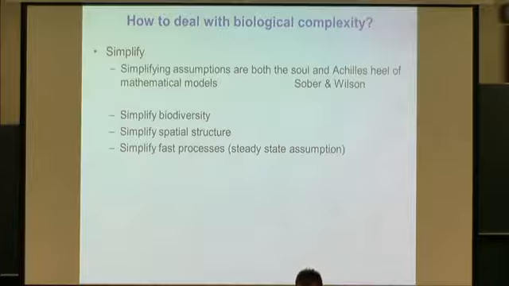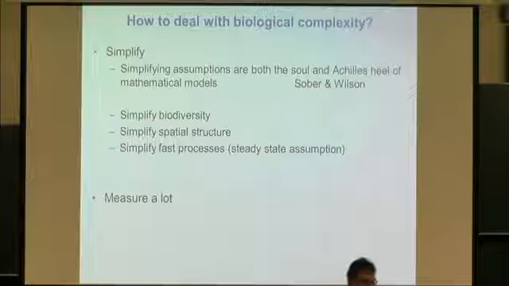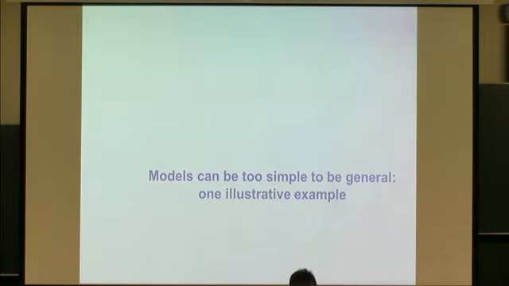It really helps enormously to simplify systems. The alternative is to measure a lot and have a lot of data that will allow you to have more complex models and still be sensible to do that. Okay, so that was the introduction on individual-based modeling.